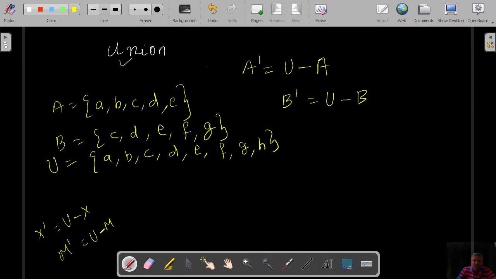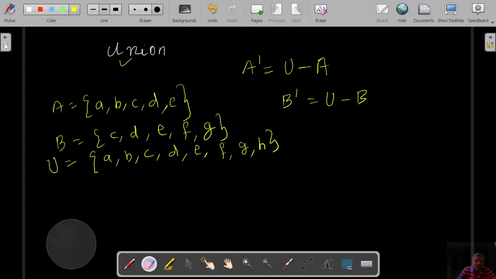So when you do that, you can clearly see it with an example. What is A dash?